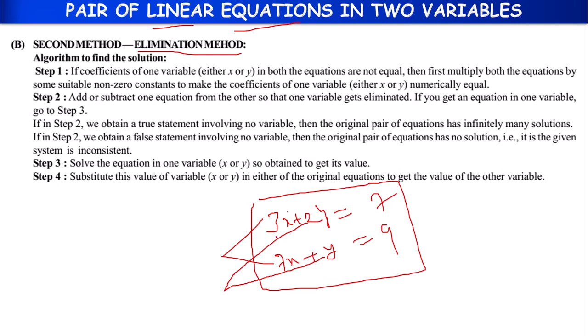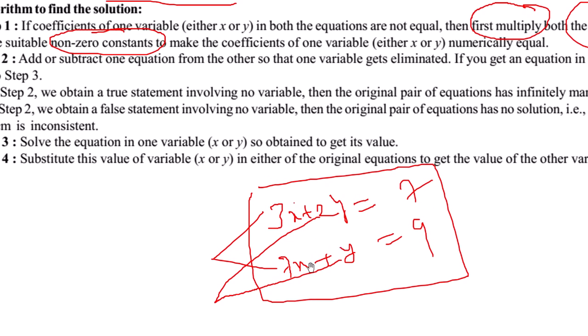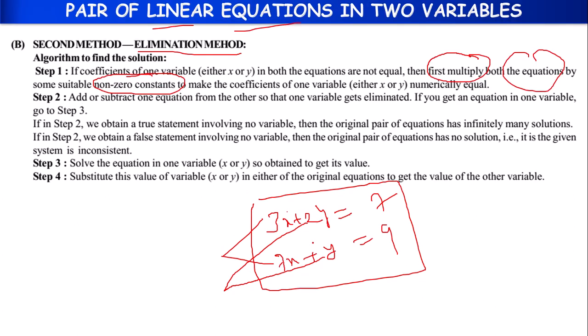In the beginning, if the coefficients are not equal, we have to multiply both the equations by some suitable non-zero constants, such that any one of the coefficients will become equal, either x or y.